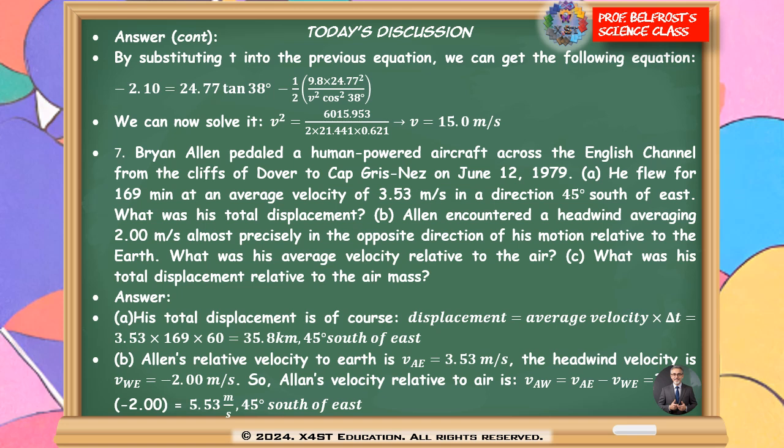For question B, we know the relative velocity to Earth is 3.53, and the headwind velocity is minus 2.0 meters per second because it's opposite. So Allen's velocity relative to air is the difference between these two velocities and brings us 5.53 meters per second. Still, the direction is the same, 45 degrees south of east.